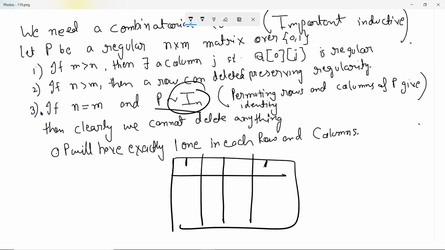You can permute the rows or the columns, you will still have two 1s in this row or wherever this row goes. If you permute the columns, the number of 1s in the row is unaffected, right? So certainly this will never be the identity matrix. On the other hand, if every row and every column has exactly one 1, okay.